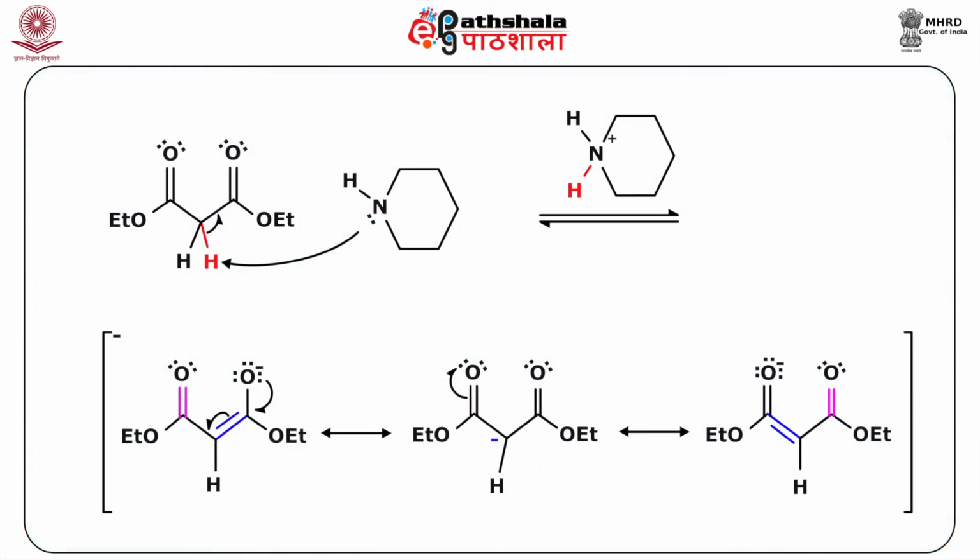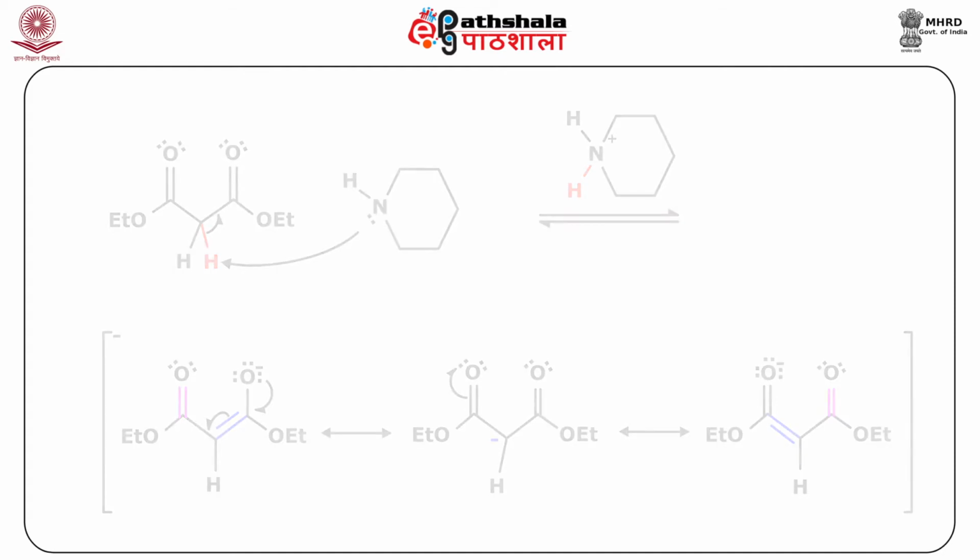As you can see, the first step is the deprotonation of the activated methylene compound by the base, and that happens at the active methylene group. The active methylene group undergoes deprotonation with the help of base, which is piperidine as shown here, and this gives rise to a carbanion which is resonance stabilized via its enolate ion, as you can see here.